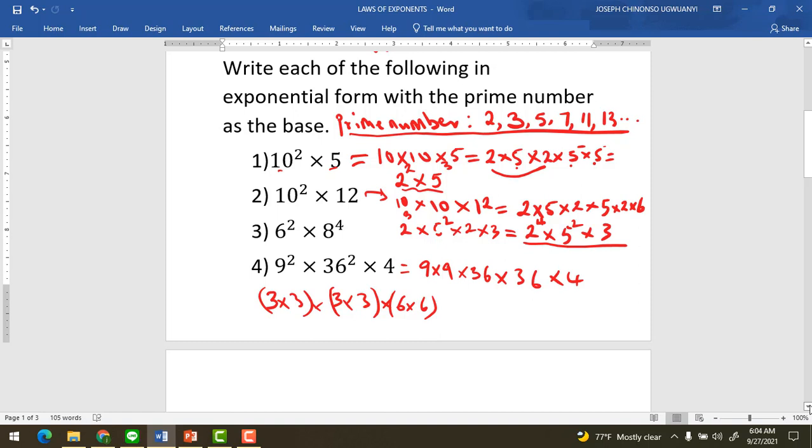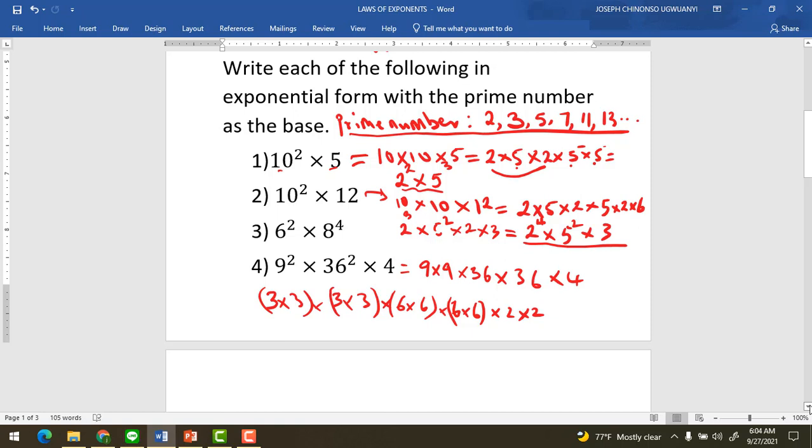Then the next one we have 6 times 6. Then we have 2 times 2. Okay, so finally here we have 3, 3, 3, 3. So this is already 3 to the power 4.